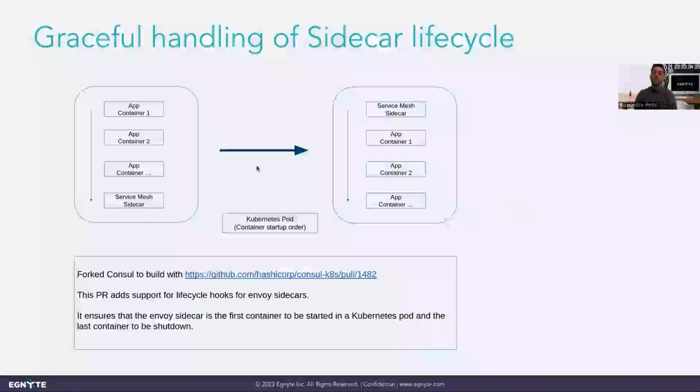So for that reason, we forked Consul to create our own PR that will solve this problem for us. With this PR, we have configured the service mesh sidecar to start as the first container in the Kubernetes pod and the last container to be stopped. So whenever our application container starts, it will always have the sidecar available to connect to the dependent services. This PR is helping us achieve that.